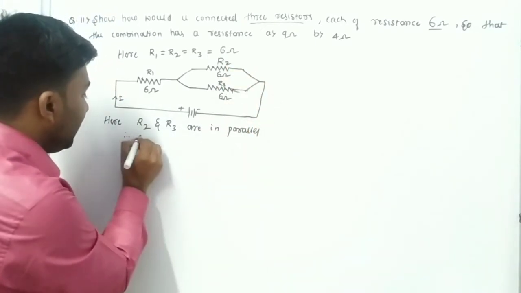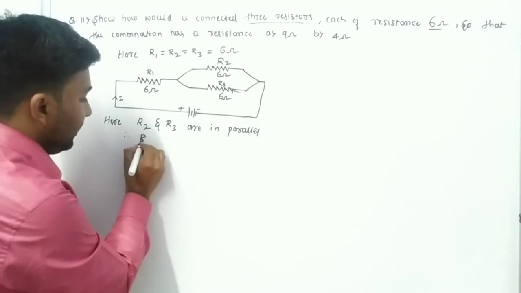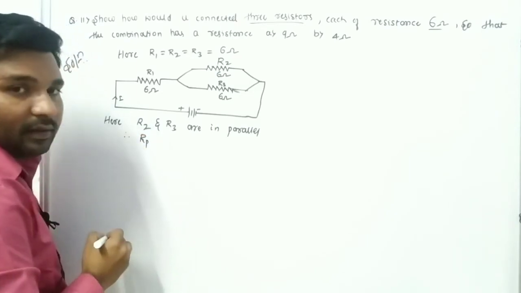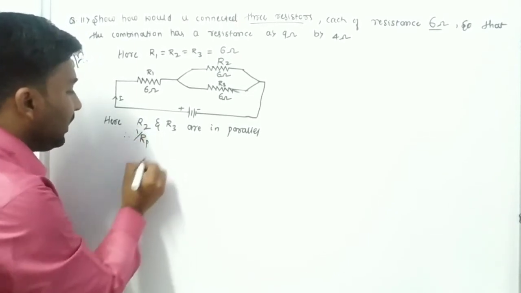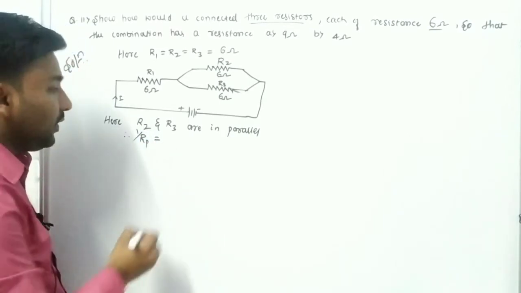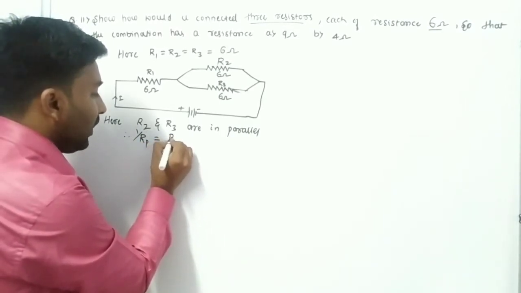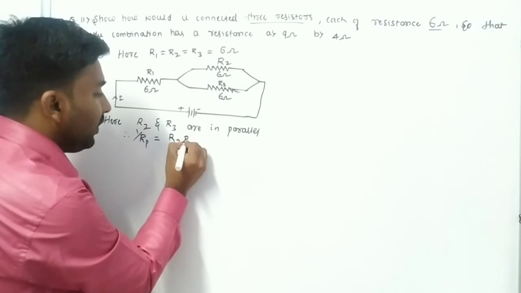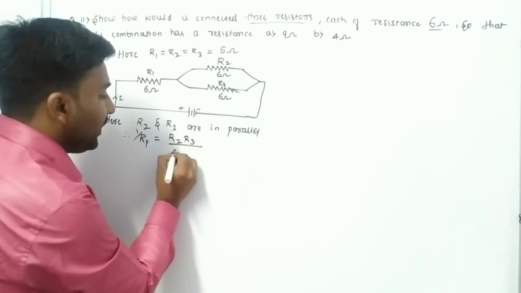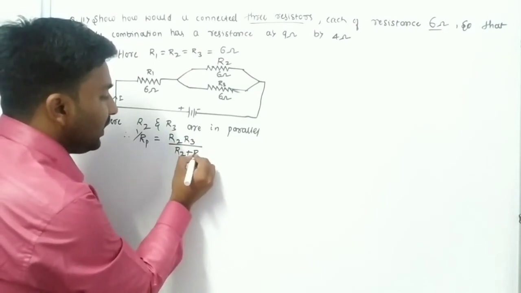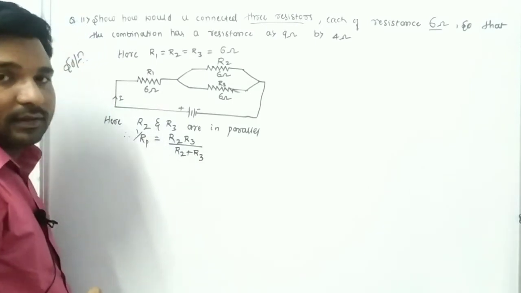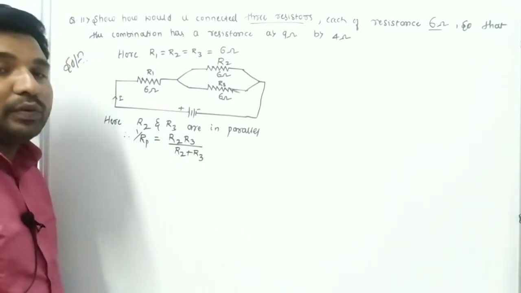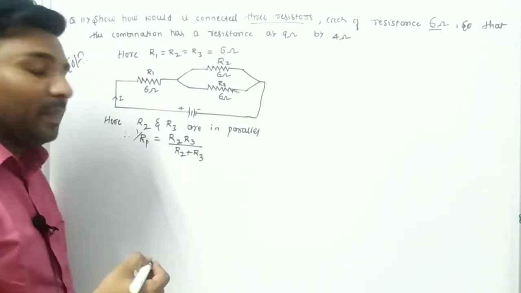Therefore, for the equivalent RP, 1 by RP is equal to, it's R2 into R3 divided by R2 plus R3. This is the formula when two resistors are connected in parallel.